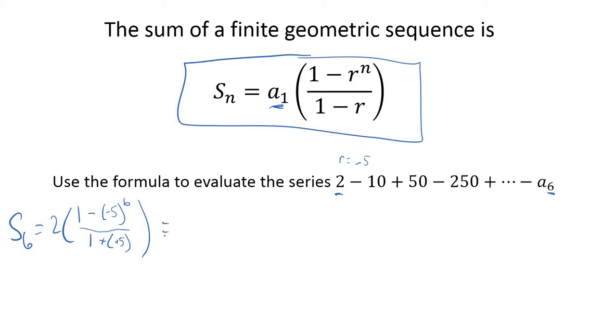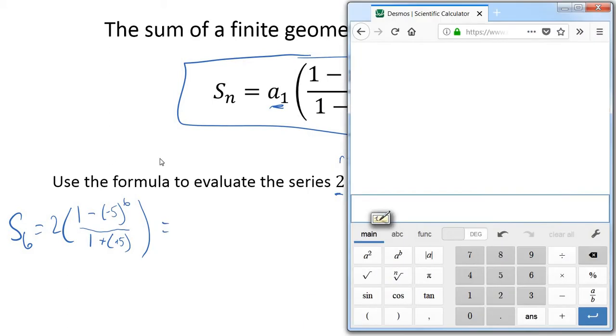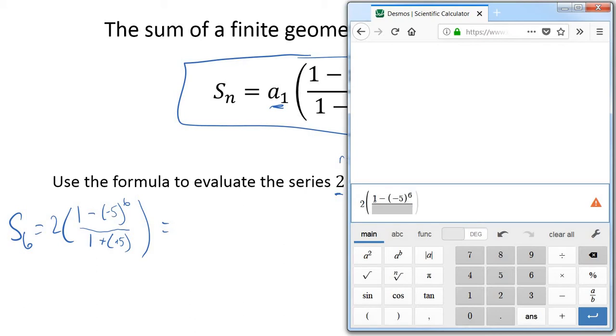Okay. Now let's go plug this in a calculator. You can do it in any calculator. I'm going to go ahead and bring Desmos up on the screen just to show you how we could plug this in. So we've got 2 times, I'm going to use this fraction button just to make it easier to plug in here. So 1 minus negative 5 to the 6th power.